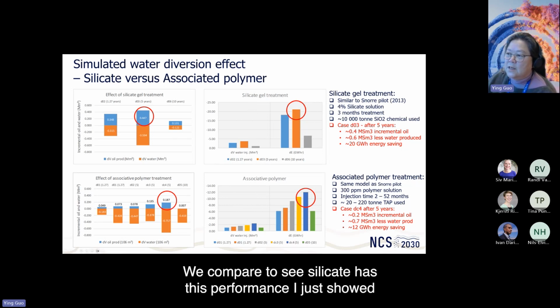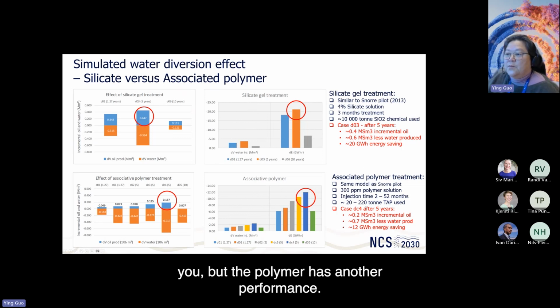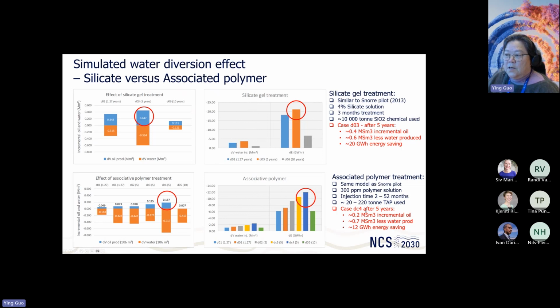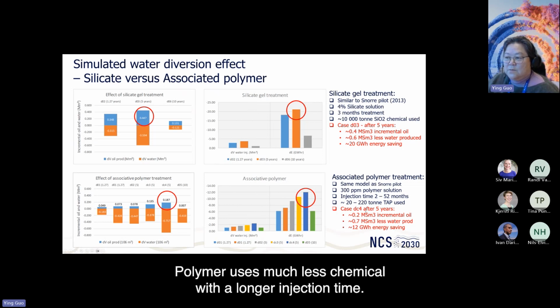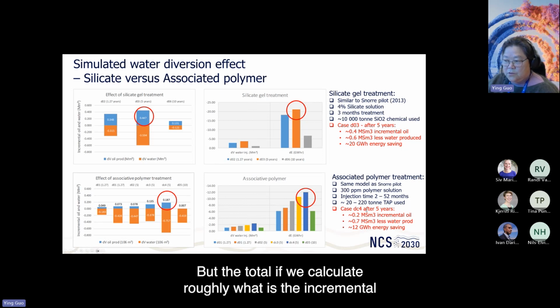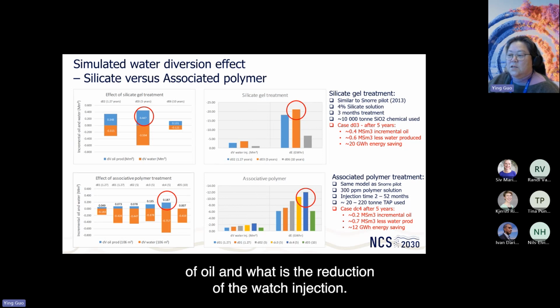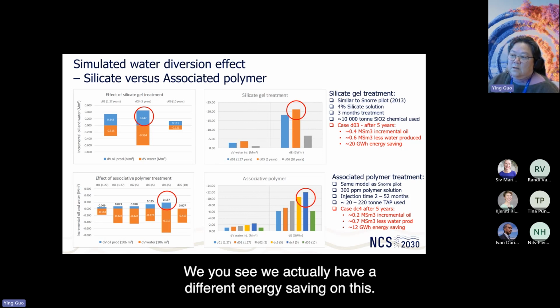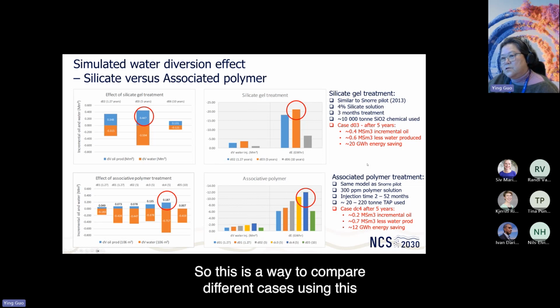We compare: silicate has the performance I just showed you, but the polymer has another performance. Polymer uses much less chemical with a longer injection time, but if we calculate roughly the incremental oil and the reduction of the water injection, you see we actually have a different energy saving. So this is a way to compare different cases using this framework.